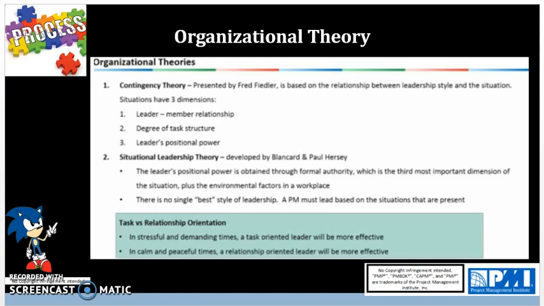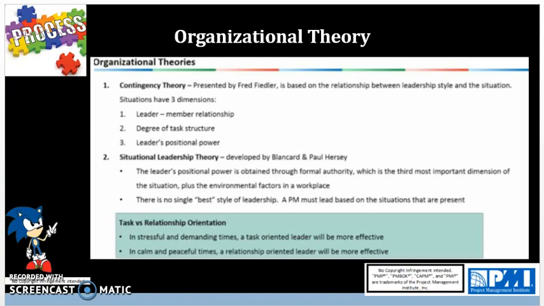Situations have three dimensions: leader-member relationship, degree of task structure, and leader's positional power. So that is the relationship that the leader has with their members, the task structure and how it's broken down among the different team members, and the leader's positional power as to how they will influence project success.